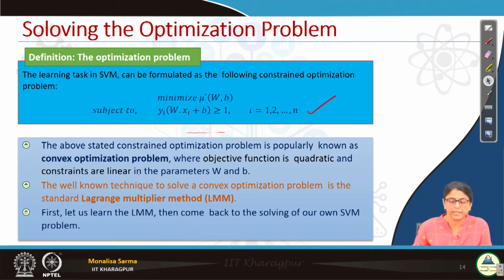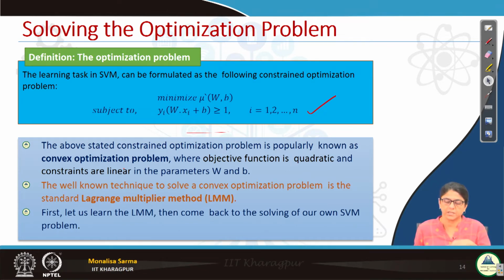And the constraints are linear in the parameters W and B. So this type of problem we call a convex optimization problem, and for convex optimization problems, the well-known technique is the Lagrangian multiplier method, which is used to find the solution. So now we will learn this Lagrangian multiplier method.